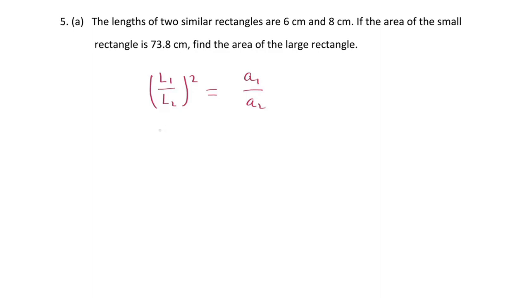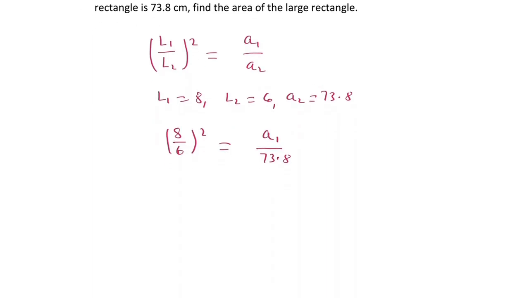Okay, so let us now substitute L1 with 8, L2 with 6, and A2 with 73.8 in order to find the area of the large rectangle. Then our equation is going to be (8 over 6) squared equals A1 over 73.8. Okay, so next we are going to make A1 the subject by multiplying 73.8 both sides.